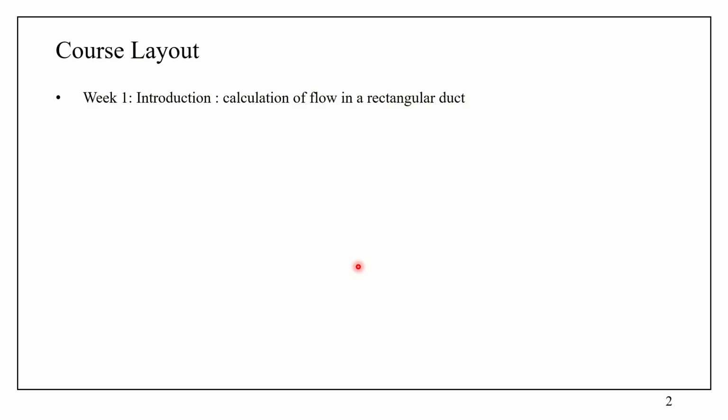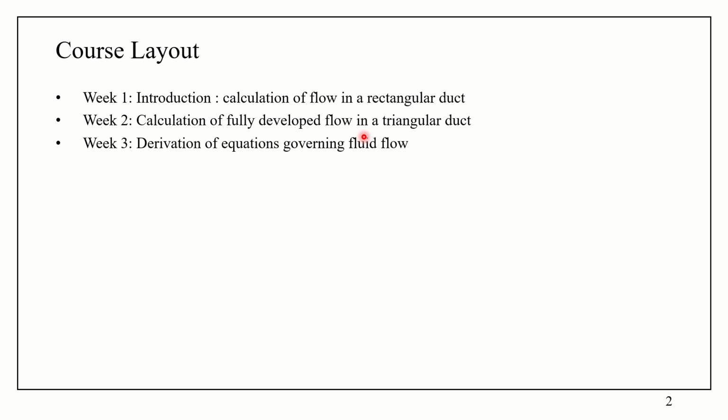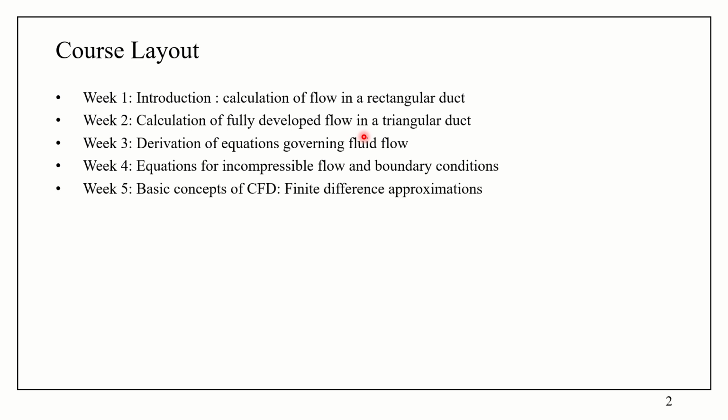Week one is introduction and calculation of flow in a rectangular duct, second week is calculation of fully developed flow in a triangular duct, third week is derivation of equations governing fluid flow, fourth week is equations for incompressible flow and boundary conditions, week 5 is basic concepts of CFD, finite difference approximations, and week 6 is basic concepts of CFD, consistency, stability and convergence.